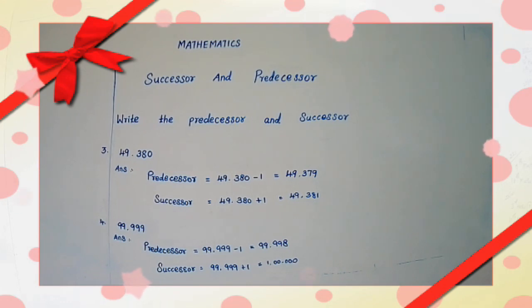Write the next line, successor, S U C C E S S O R, successor is equal to 49,380 plus 1 is equal to 49,381. Then leave one finger space and write.